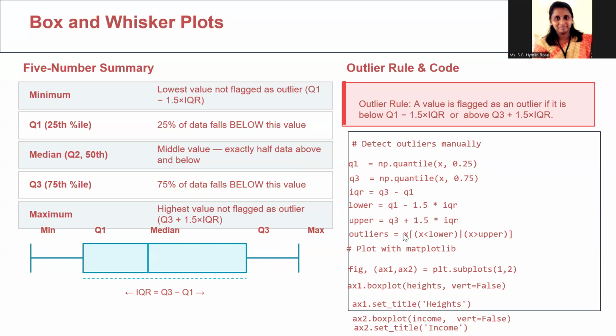It shows how to calculate and plot the box plot with the matplotlib library. We have to calculate Q1, Q3, then IQR, lower value and upper value. The outlier is represented by the outlier detection rule: a value is flagged as an outlier if it is below Q1 minus 1.5 times IQR or above Q3 plus 1.5 times IQR. Why was 1.5 chosen?